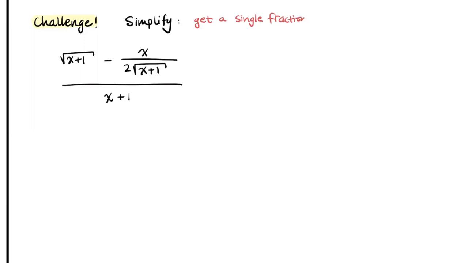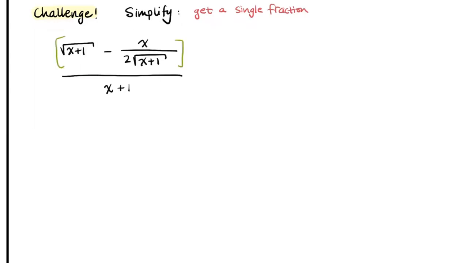So first, let's work with just the numerator here. Okay, just the numerator. So to get a common denominator, what we can think of is this first part as being over 1. And so the common denominator is going to be just what the denominator of the second fraction is, right? 2 radical x plus 1.